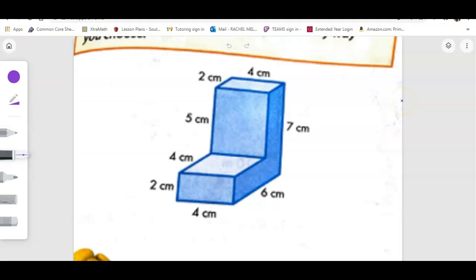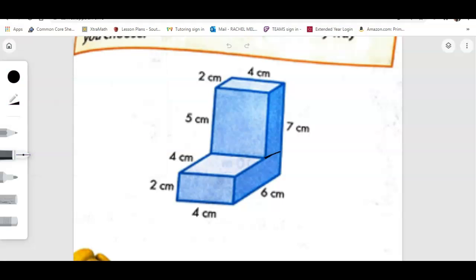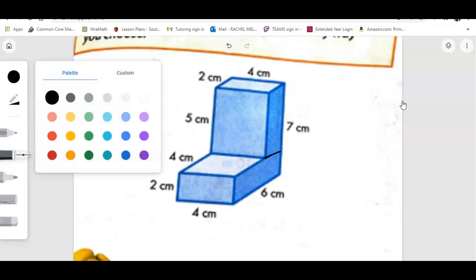Take a second and look at that, and familiarize yourself with what you're seeing. I think what I'd like to do is separate this shape right here. We did some color coding last time, so I'm going to do the same thing.